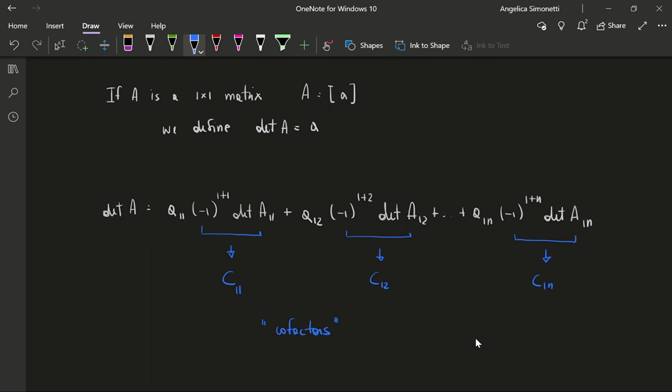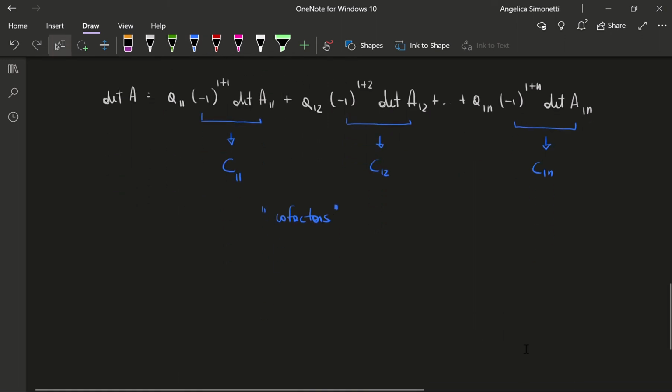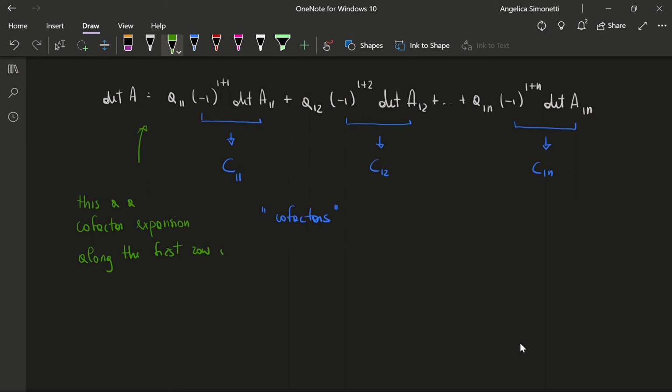Each of these determinants together with its sign, which can be a plus or a minus, is called a cofactor. So the whole expression over here is a cofactor expansion along the first row of A, because the entries are the entries of the first row, and they're multiplied by cofactors.